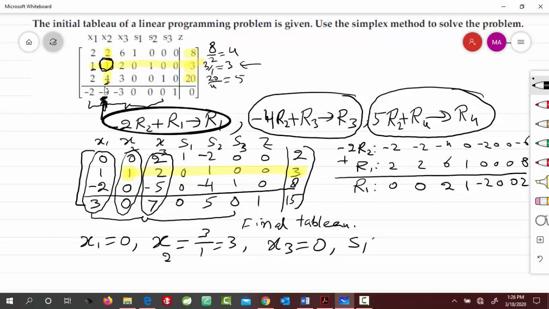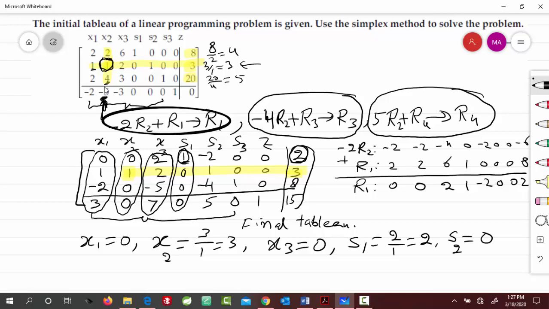For s1, you see one non-zero number in this column, in the first row, and the last number in the first row is 2, so 2 divided by 1 is 2.